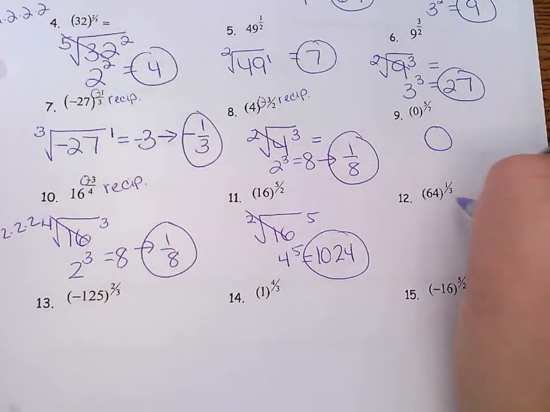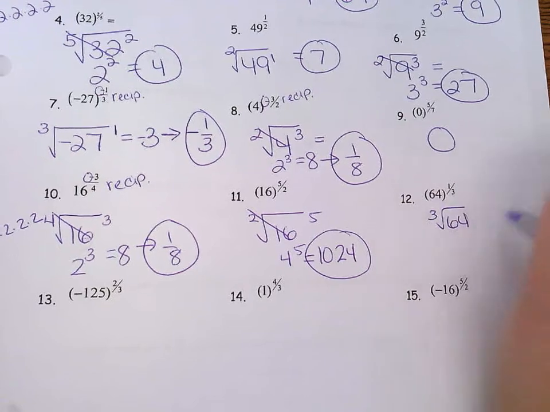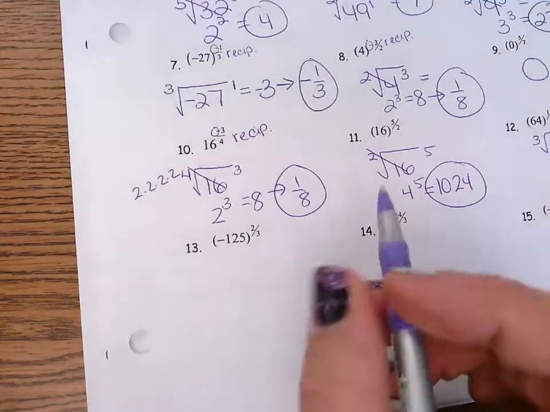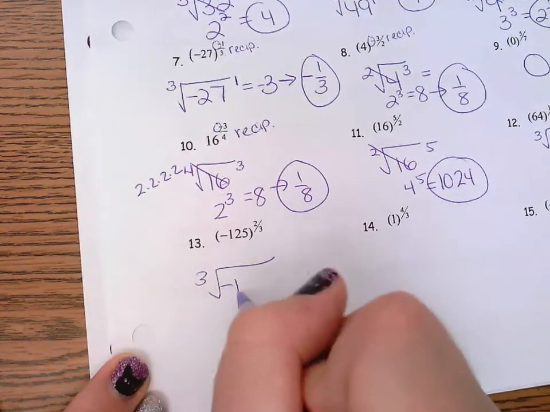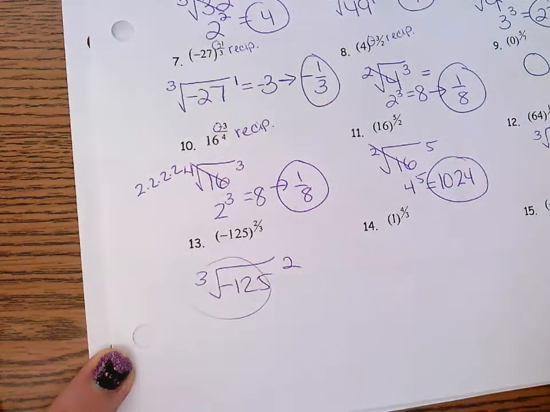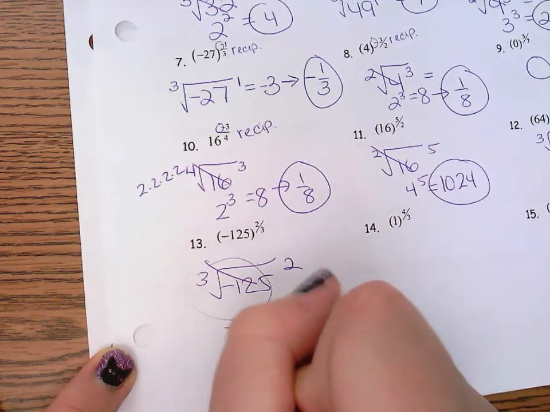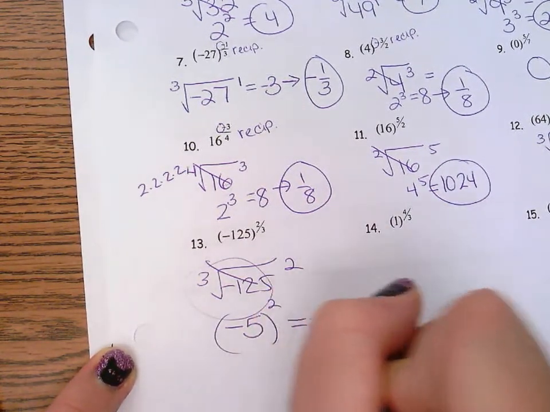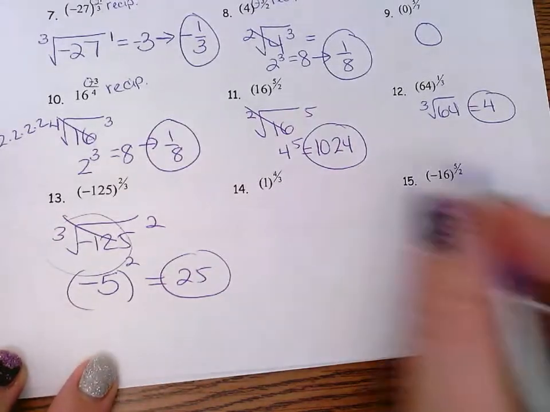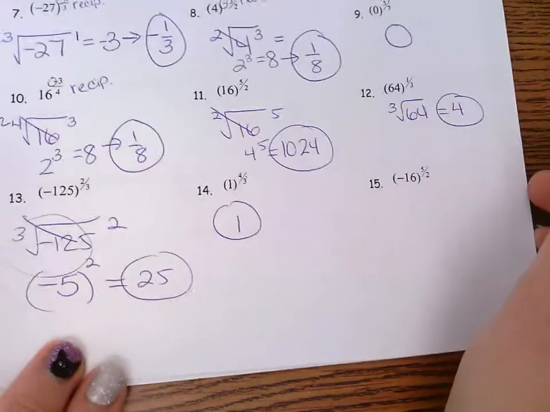Let's see, the cube root of 64 is just 4. The cube root of negative 125 squared. So cube root of negative 125 is negative 5, and then I'm squaring my answer, so I end up with positive 25. 1 to any power is just 1.